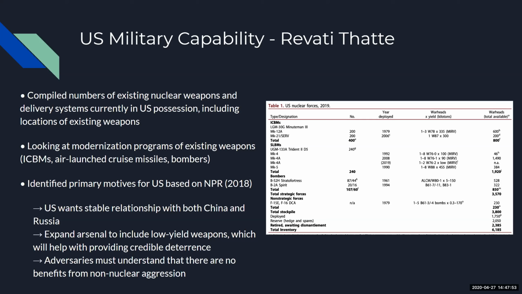And also from a policy standpoint, I looked at the 2018 NPR and identified primary motives for the US, such as the US wanting a stable relationship with both China and Russia, expanding the arsenal to include low-yield weapons to help with providing credible deterrence, and also indicating to adversaries that there are no benefits from non-nuclear aggression.